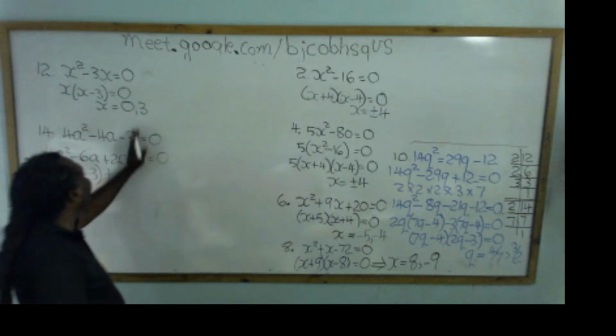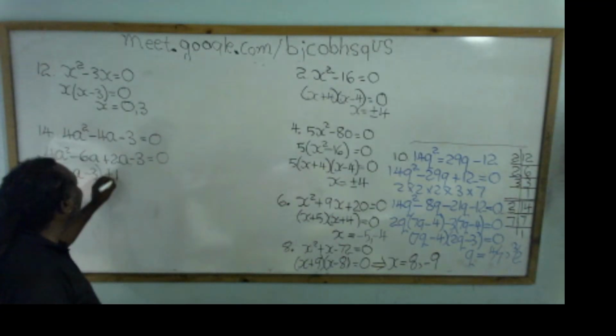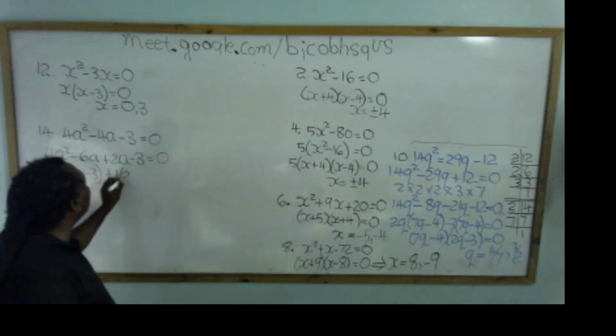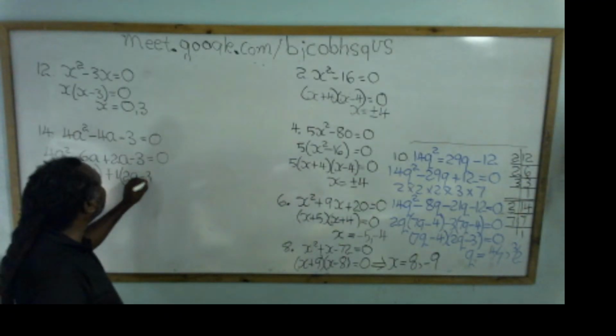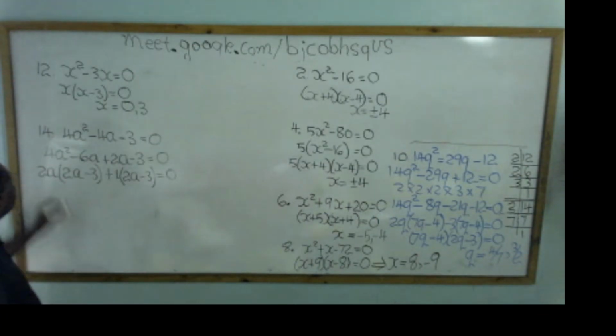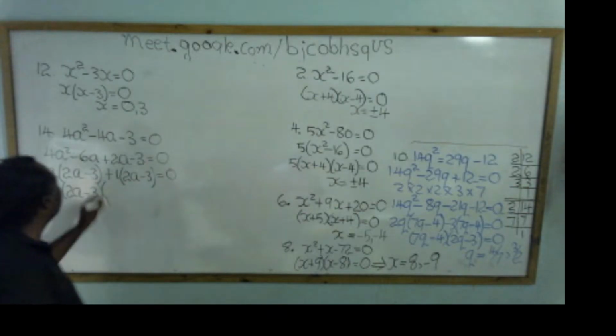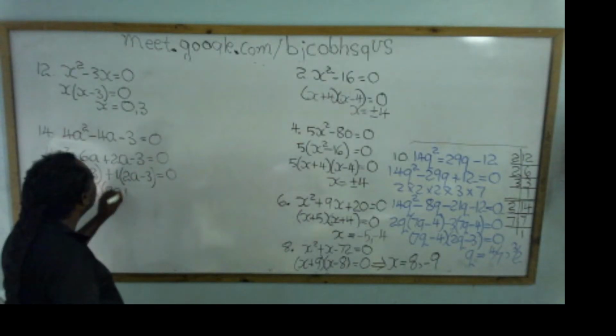There's nothing that we see here that is common, so let us use 1 for a common factor. 2a minus 3 equals 0. So what do we say now? 2a minus 3 is one common factor, and the other one is 2a plus 1.